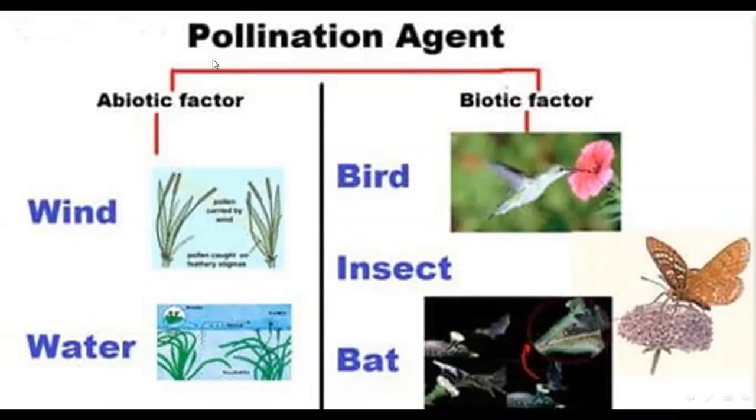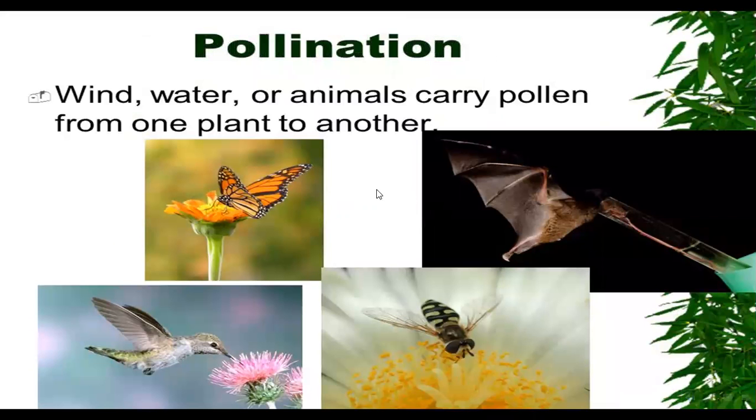Again here you see the image of pollination agents: wind, water, birds, insects and mammals, which means bats. Wind, water or animals carry pollen from one plant to another. So these are the agents of pollination.